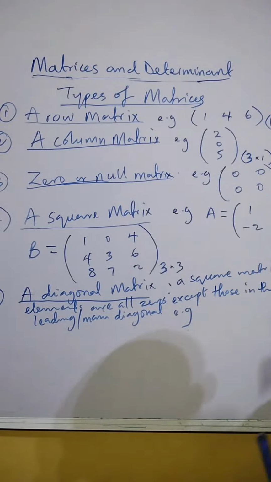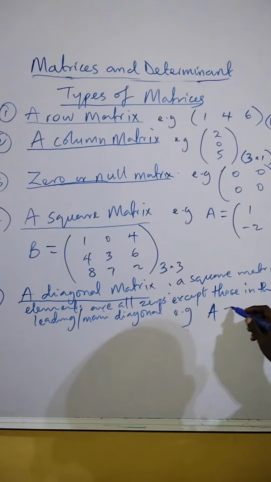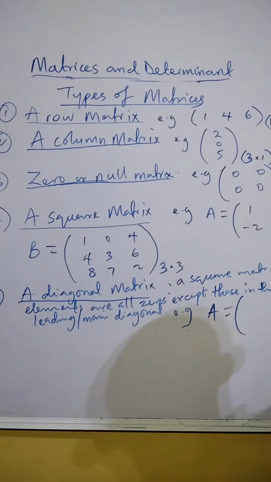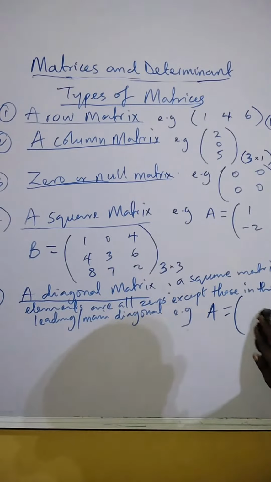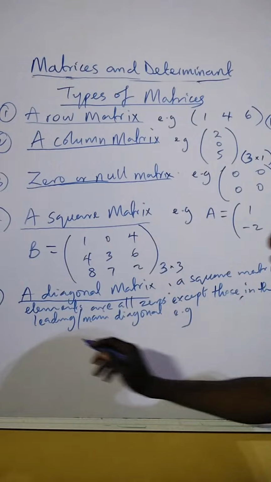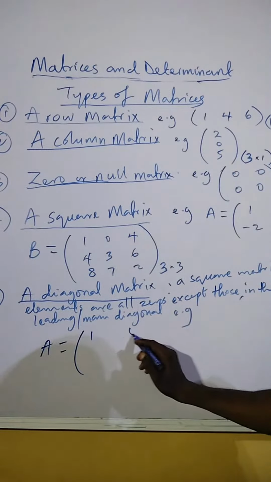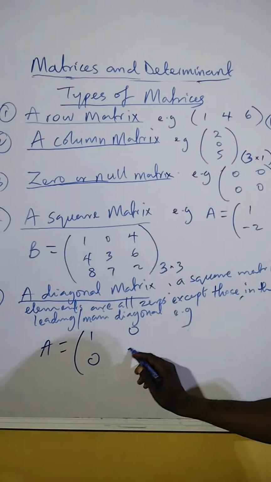For example, now let's pick any of these. Let's say matrix A now. Everything is zeros, except those in the leading diagonal. Okay, let's put it where we can see. For example, we have matrix A equals 1, 0, 0, 7.